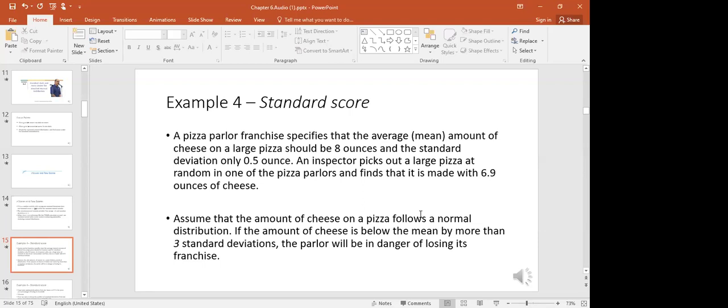Assume that the amount of cheese on the pizza follows a normal distribution. If the amount of cheese is below the mean by more than 3 standard deviations, the parlor will be in danger of losing its franchise. Remember that we said that within 3 standard deviations, we have 99.7% of values. So a quantity which is outside of that should be considered an outlier.